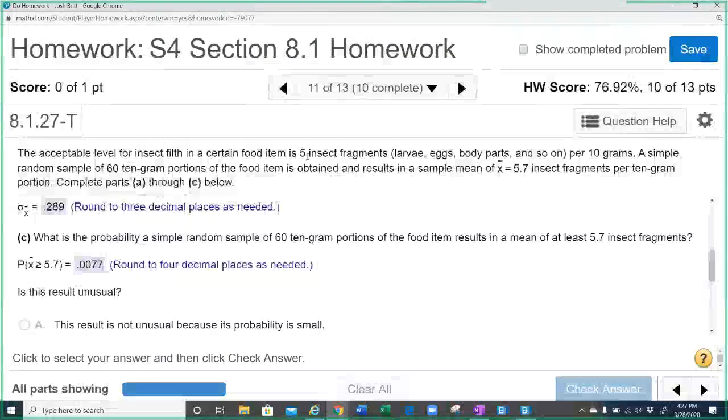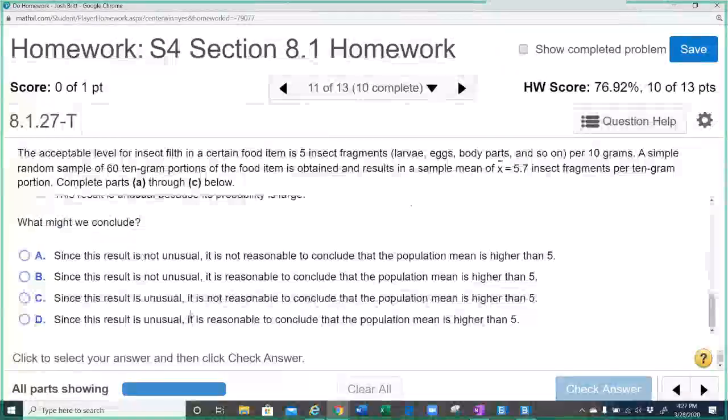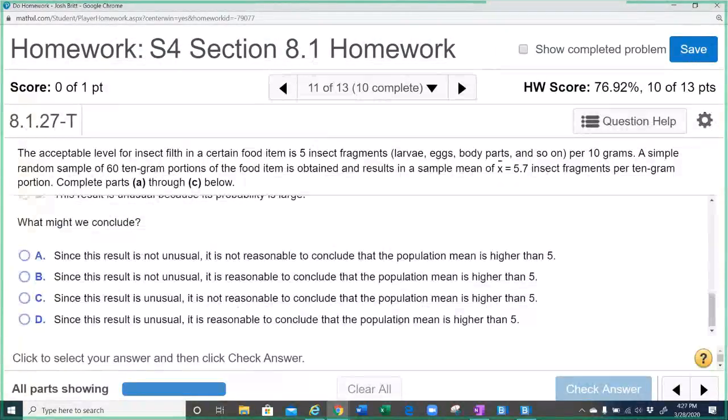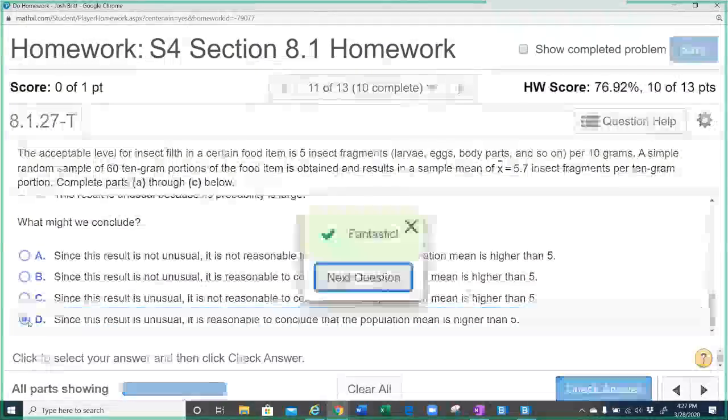So if we did get this average or more, that's pretty good evidence to say that the true average number of insect fragments per 10-gram portion is larger than 5. So the result is unusual, so it is reasonable to conclude the population mean is higher than 5.